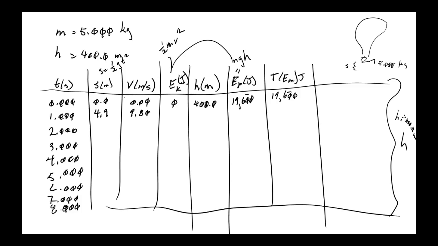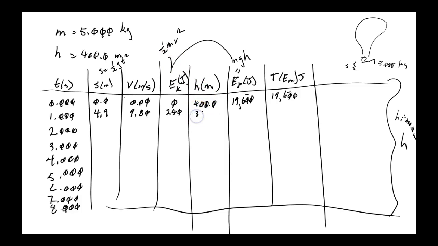So 2.5 times 9.8 squared. See what you get. 240. Sorry, I can't hear. 240 joules.